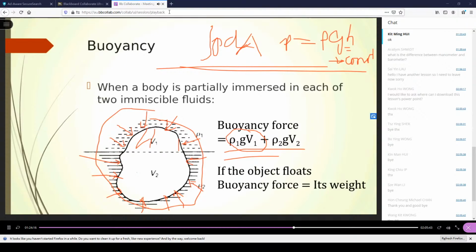So density multiplied by this volume represents the mass of the lower fluid displaced by this object. Now remember, when you put an object in the water, that object displaces water, because it has to occupy some volume in the water.